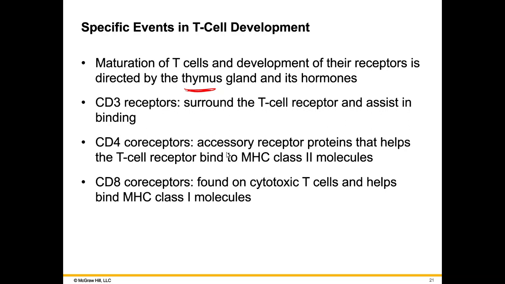CD4 receptors help a T cell bind to class 2 MHC molecules. And then CD8 are found on our cytotoxic T cells, and they bind to the MHC class 1 molecules and basically mark them for destruction.